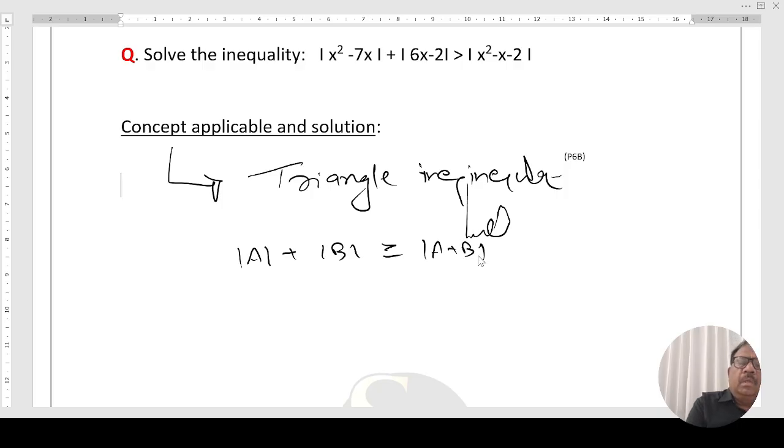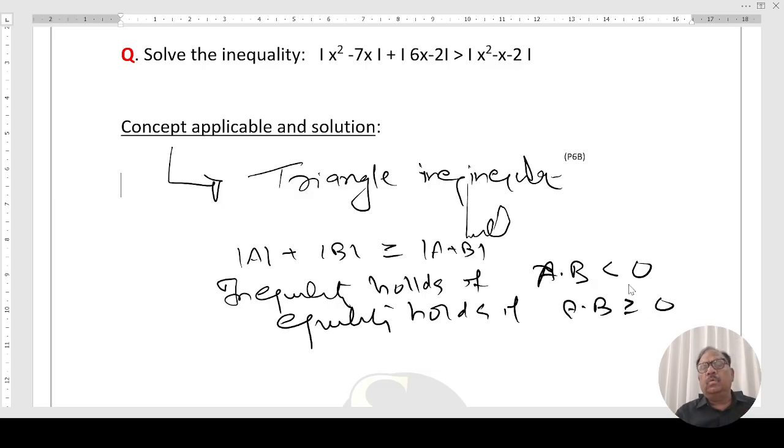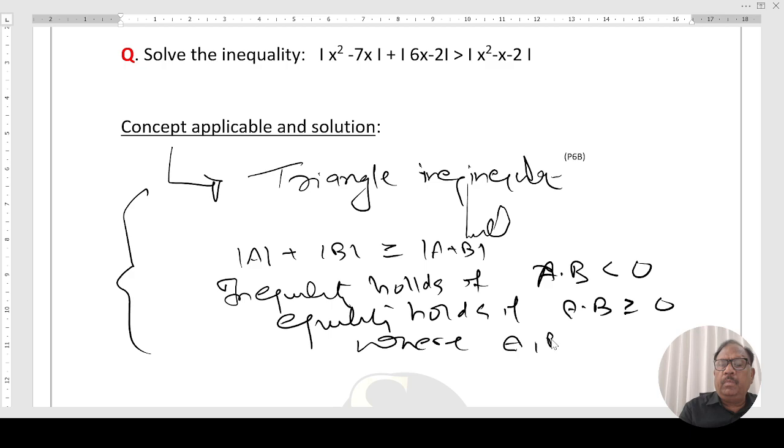The strict inequality holds if a into b is less than 0, and equality holds if a into b is greater than 0. This concept is applicable where a, b belong to real numbers.